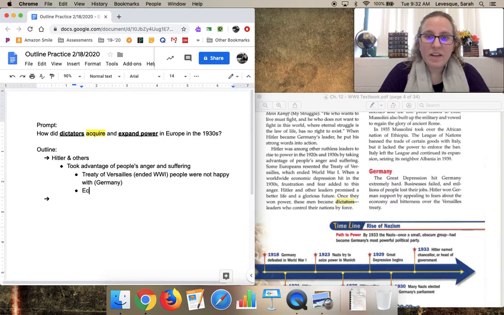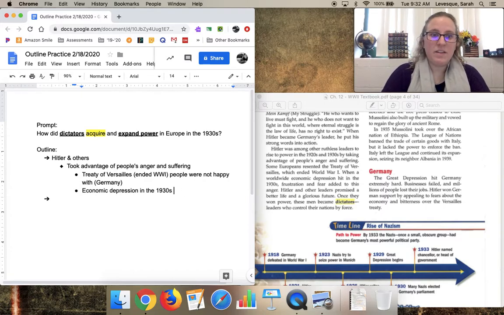And then economic depression in the 1930s. Ooh, there we are. The 1930s. Fear and frustration and anger. So then I'm just going to list the emotions that people were feeling, because perhaps I'll be able to use that later.